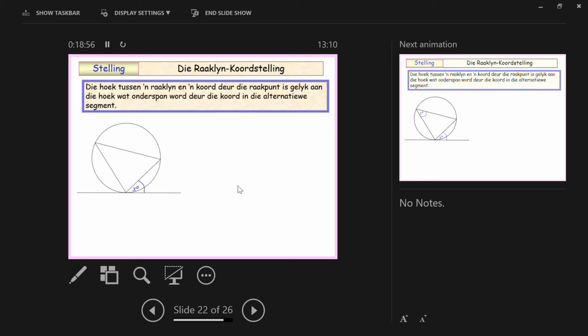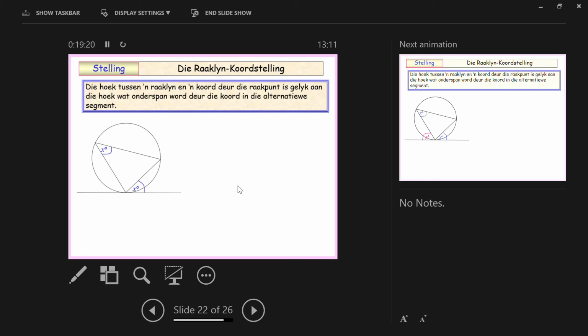Okay, goed, so dan kom ons wys net vir jou, dan gaan hy wees x. Nou onthou, you can also see it from the other side. Want, as jy kyk na raaklyn en koord, dan is hier op ons hoek, né? Hy gaan wees wat? Gelyk aan wat se hoek?